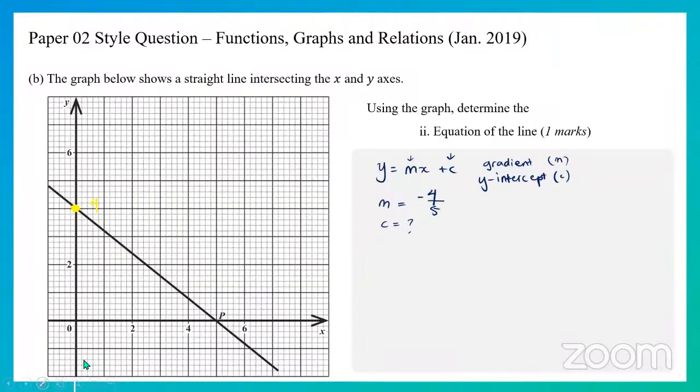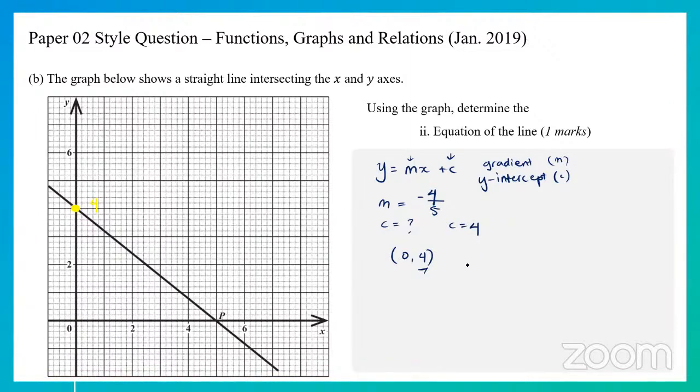So the coordinates for that point: 0 on the x-axis, and we're going up by 4 on the y-axis. So it's going to be (0, 4). So our y-intercept is going to be at positive 4, so the value of c here is equal to 4.